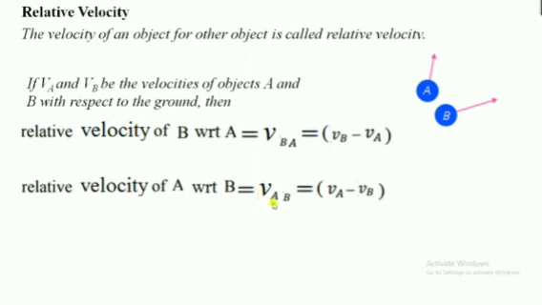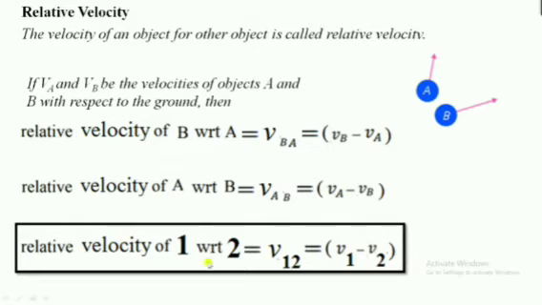So whatever sequence we are writing A and B, here we'll write VA and VB in that sequence only. And this is the general formula: relative velocity of 1 with respect to 2 will be given by V12, which is V1 minus V2. And now we'll solve the question on triangle law and relative velocity.